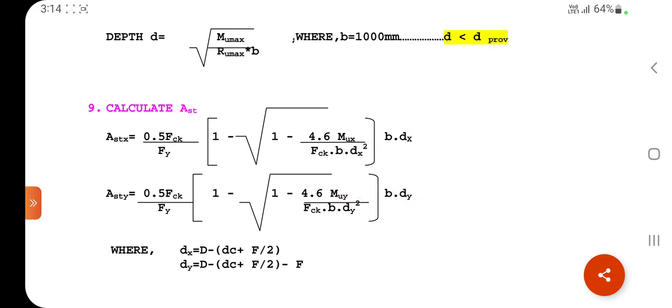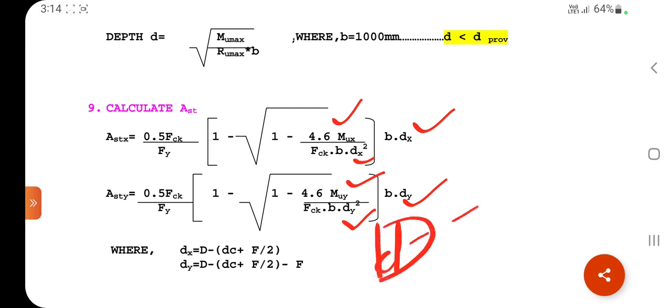Note here Mux with dx square, Muy with dy square, where dx equals capital D minus the depth of the cover plus thickness of bar. Here thickness of bar is given by the diameter of the bar.